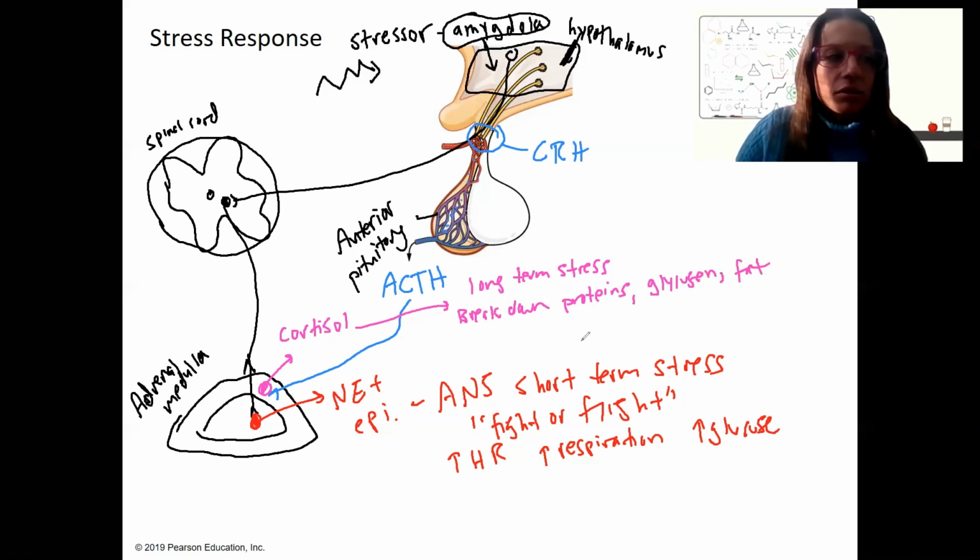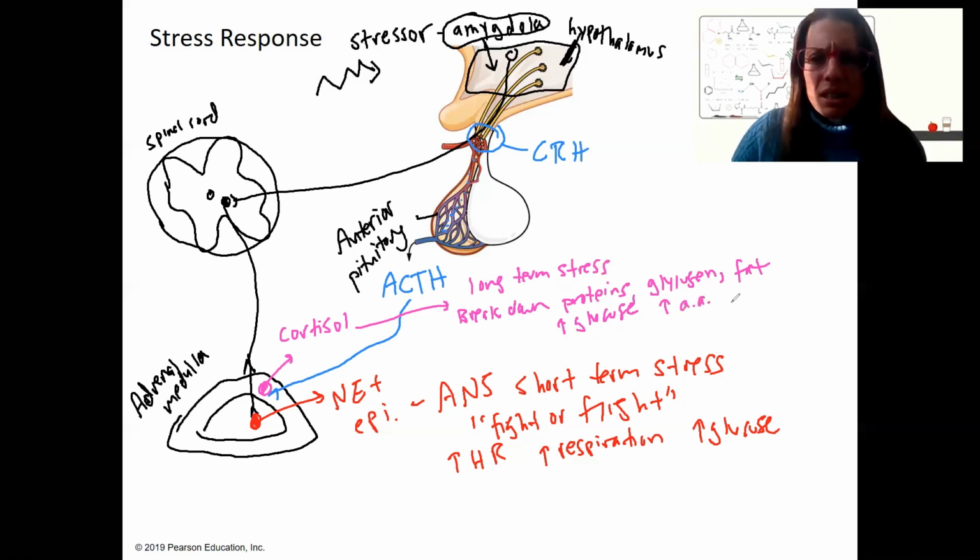So we're going to have increased blood glucose, increased amino acids for making new proteins, responding to that stress by building things, proteins that are needed for emergencies. Fats for ultimately being metabolized and more energy use. So ATP production through several of these.